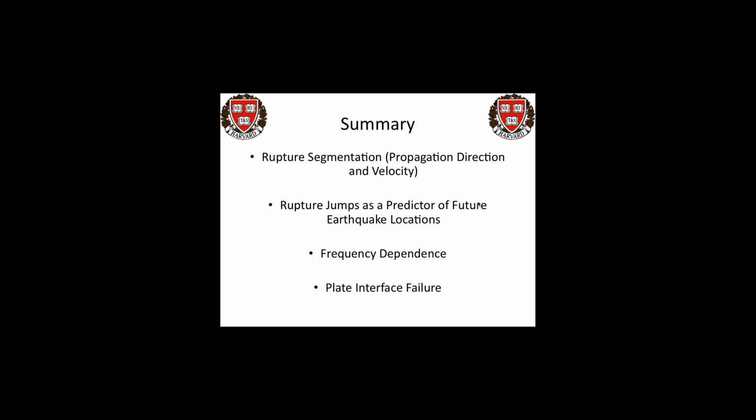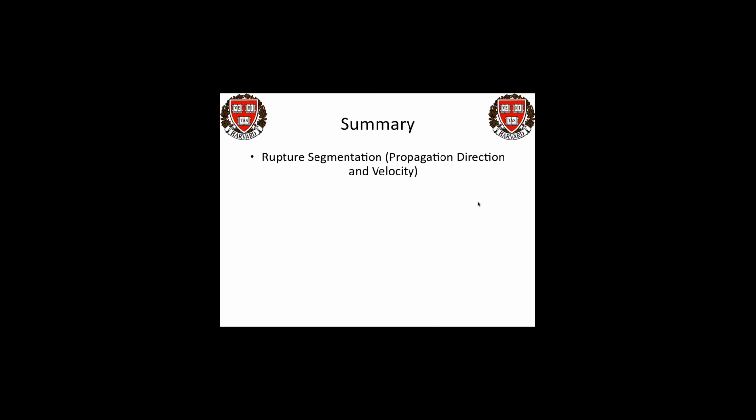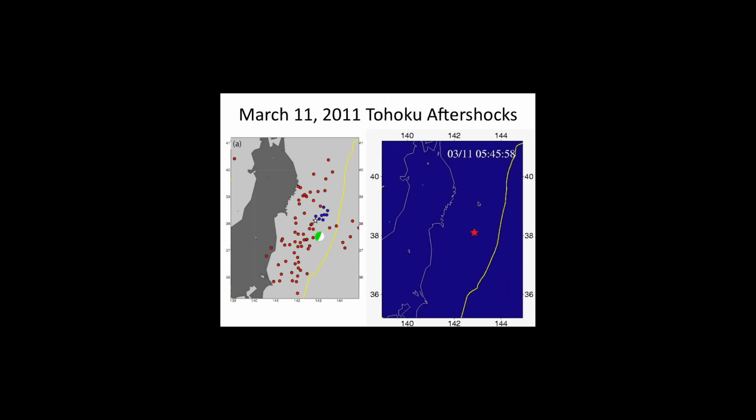That's a good question. We don't see any. The only discontinuous behavior we see for that event is that jump I talked about during the southwest propagation of the rupture. In terms of whenever that rupture turns up dip, I can just bring that up really quick.